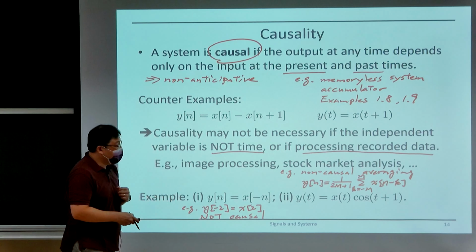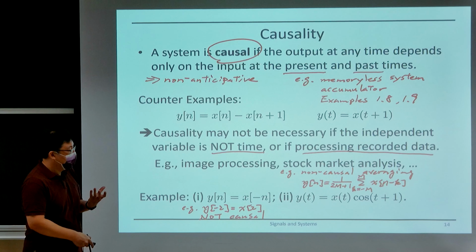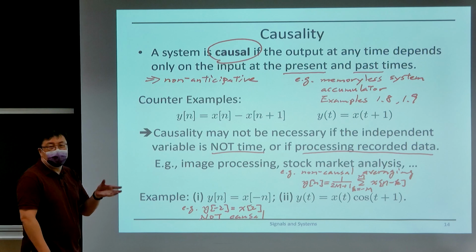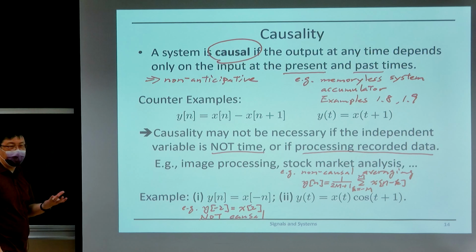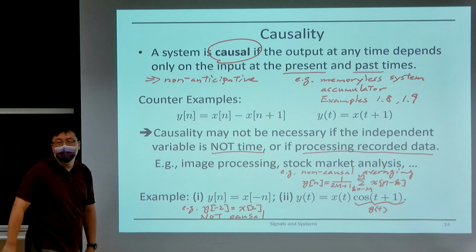So the output at time t still depends only on the input at time t, but it is multiplied by a weight that depends on t. So this cosine t plus 1 is just any function of t. If you view this as, let's say, g of t, you probably would not think it's non-causal.